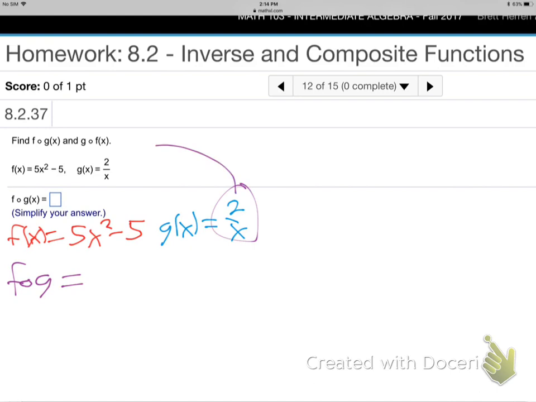So all of g plugs in right there to f, right? Put it in the x slot. That's the input slot. That's the holes in the toaster. Is that good there?